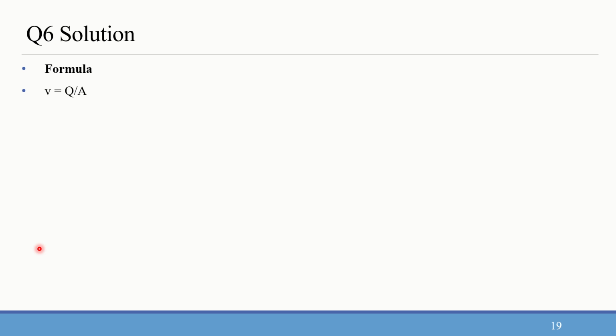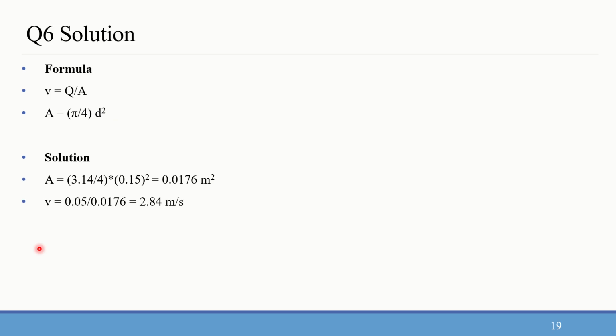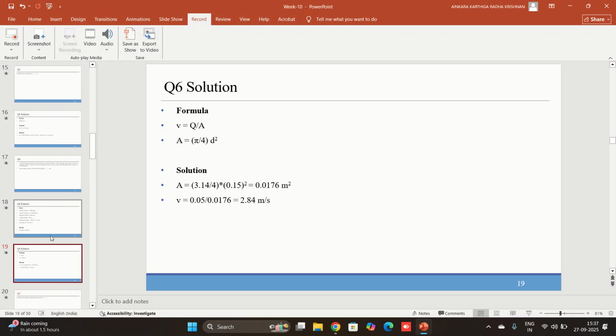The formula is v is equal to Q by A, and A is equal to pi by 4 d square. In the solution, A is equal to 3.14 by 4 into 0.15 square, which will give us 0.0176 meter square, and v is equal to Q, which is 0.05, divided by A. I think I changed Q actually.